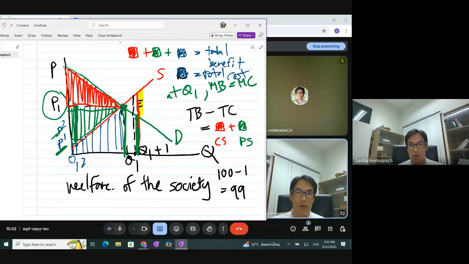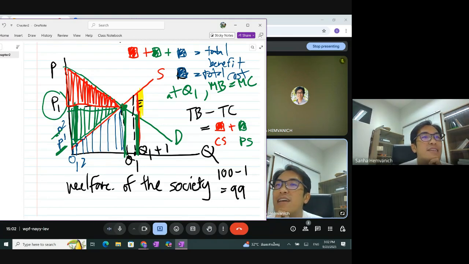That's why in the book it says that you maximize the welfare, or the word they use is efficiency. The market achieves efficiency.